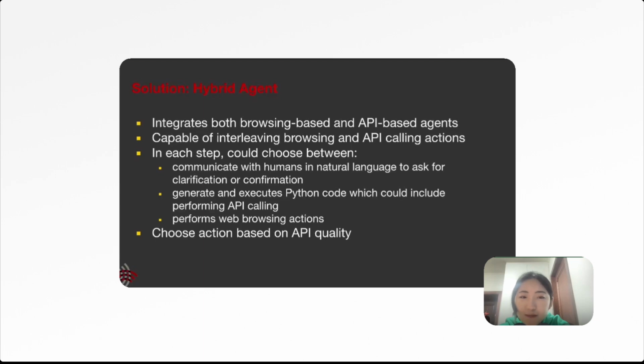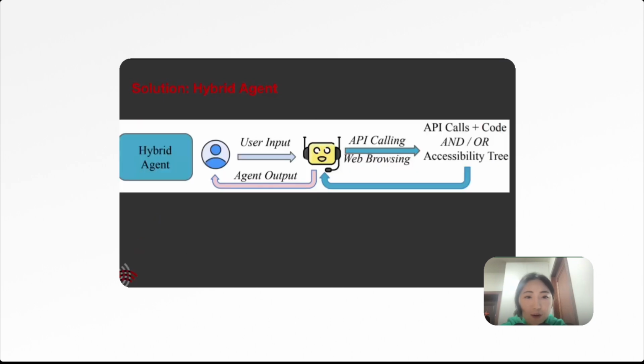So it's totally based on the agent itself. In this case, the hybrid agent can leverage the strengths of both API calling and web browsing. This is the structure of the hybrid agent, where it takes in user input first and can perform API calling and web browsing iteratively to complete the task.